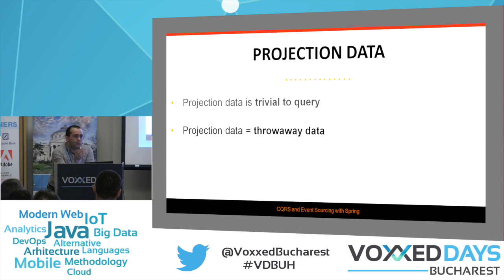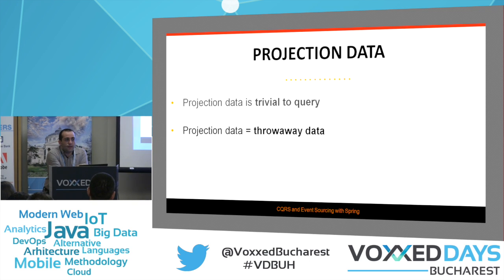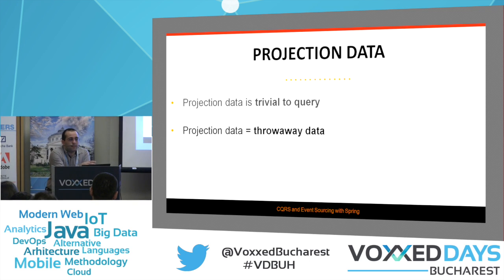So you have that option to, okay, we have a projection, we throw it away, and we replay the entire event store from the beginning of time, and we rebuild that projection. Now, that may not be practical, and we're going to see how we can deal with that practicality, but that's definitely okay in most systems.